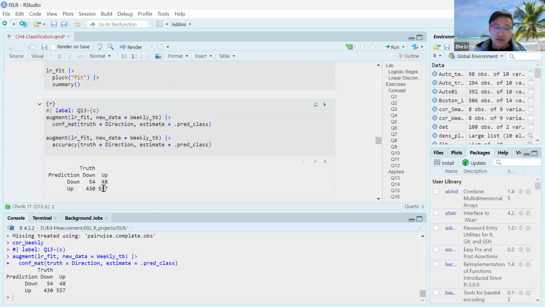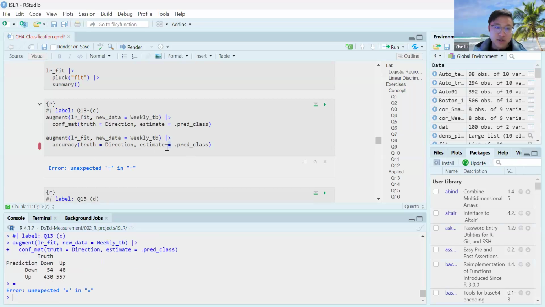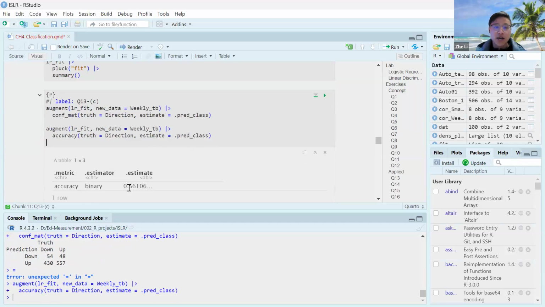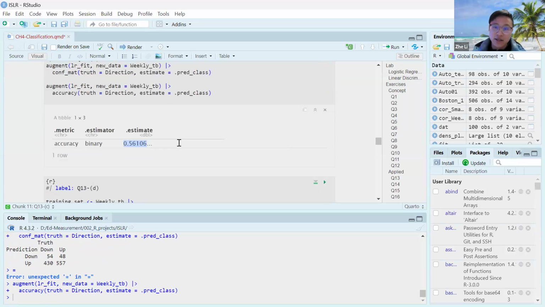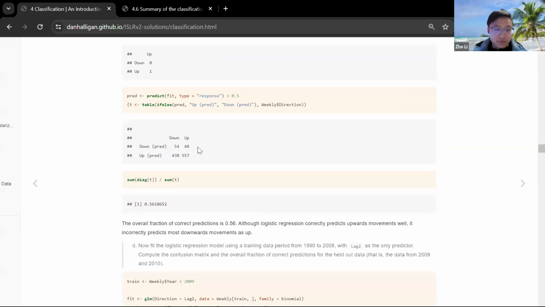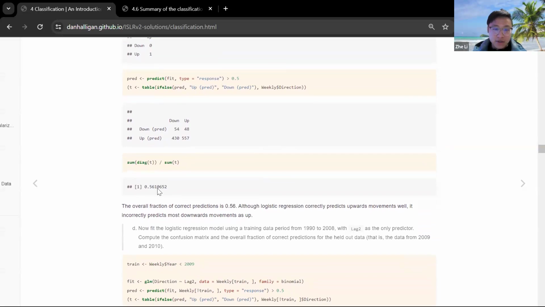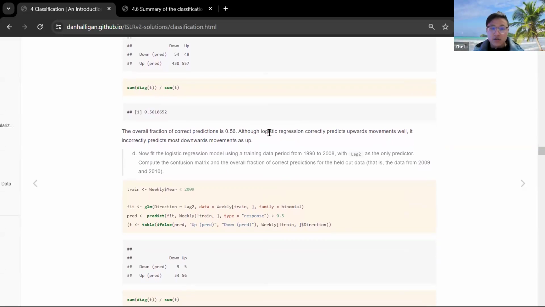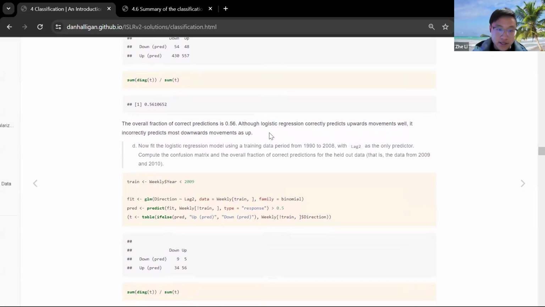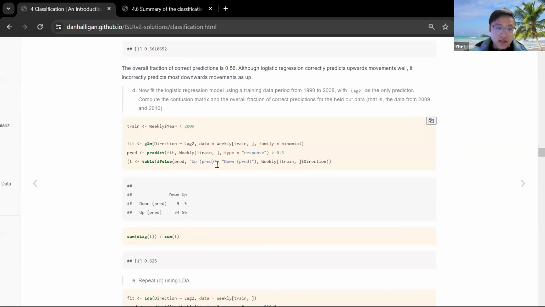We can see that the overall prediction accuracy is not that good, and this function can also tell us the accuracy rate. It's just 0.56. It's not that great. So the overall fraction of correct predictions is just 0.56.